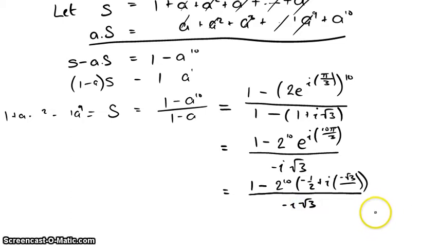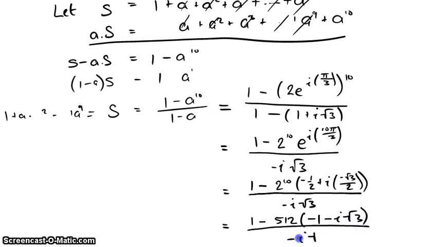And you can see there's a divided by 2 top and bottom, so I can make this 2 to the 9. So this is equal to 1 minus 512 times minus 1 minus i root 3, over minus i root 3. And if you do this, what do you get?